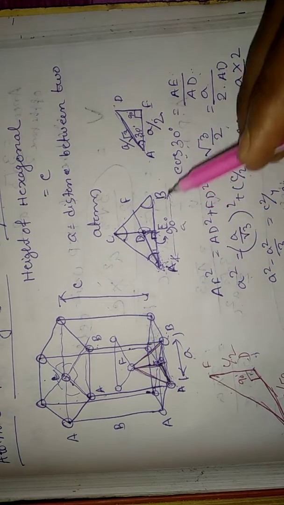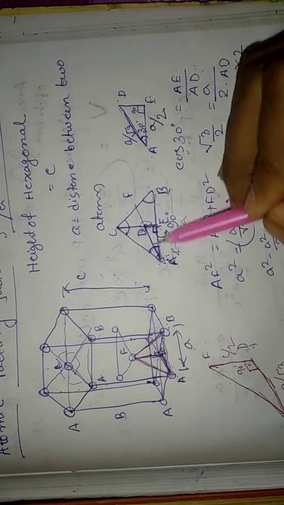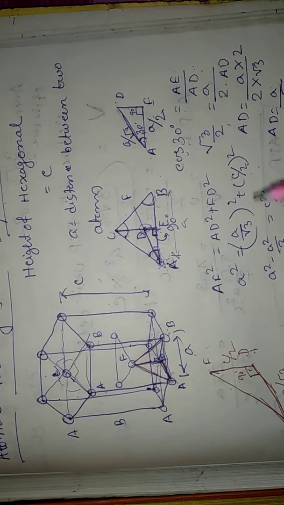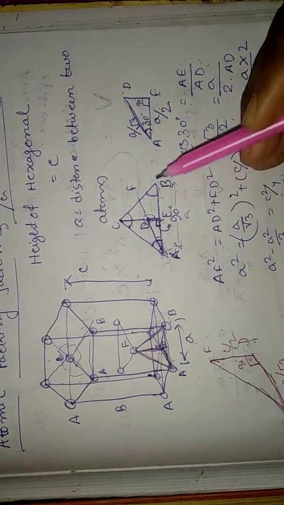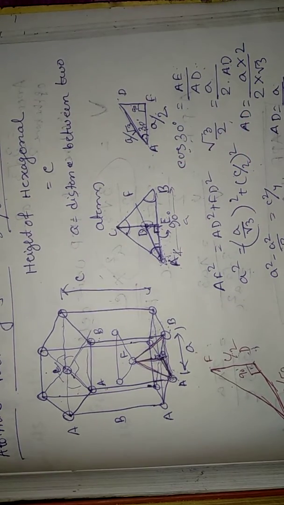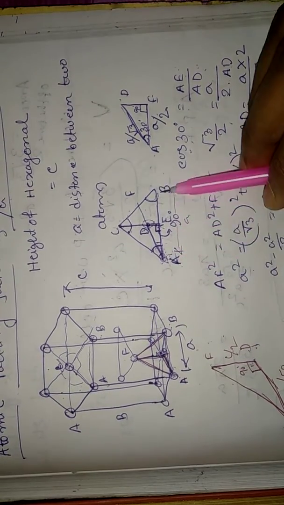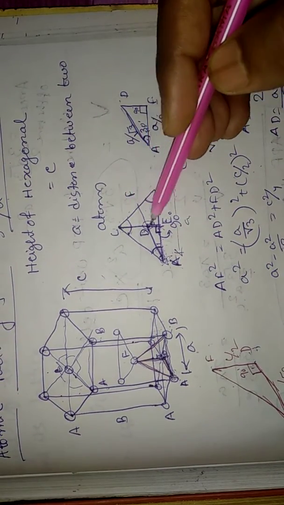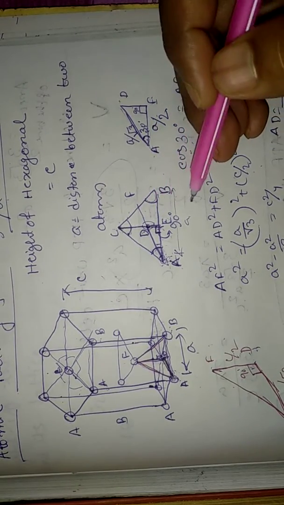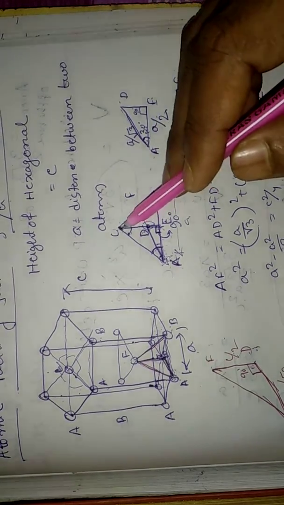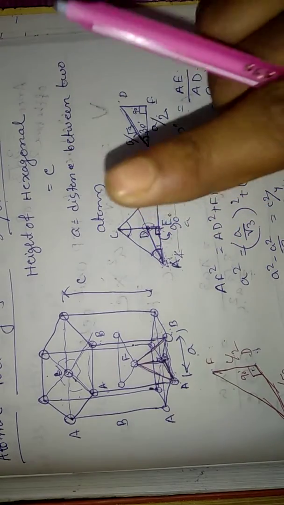Suppose this is one equilateral triangle, CAB, one out of 6. The area of the base will be AB, and the height of the unit cell is C. So the volume for one triangle will be half into C into AB.